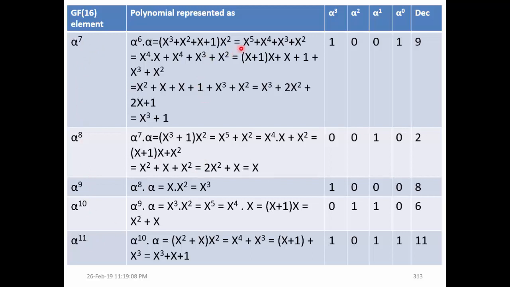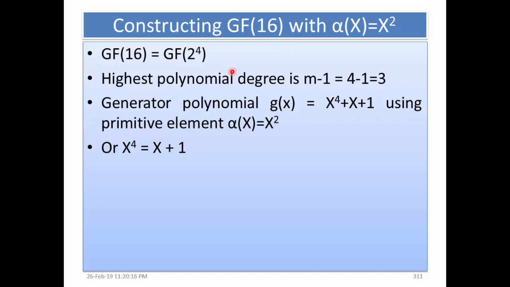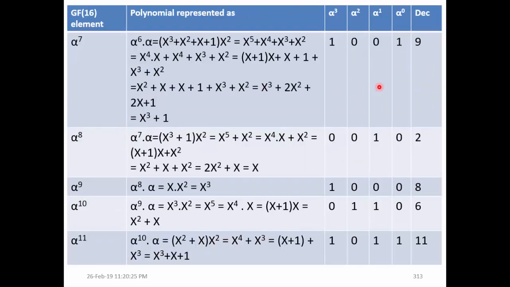What we have to do is simply reduce the power of all the terms greater than 3, because the maximum allowed degree for GF of 16, or GF of 2 to the power 4, is 3. So the method is very simple.